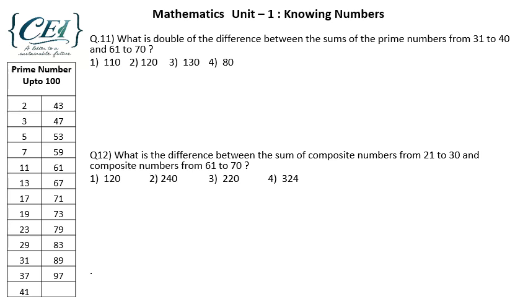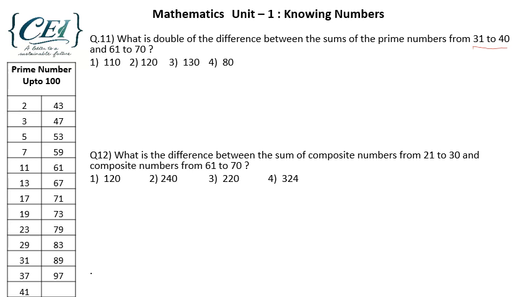What is the double of the difference between the sum of the prime numbers from 31 to 40 and from 61 to 70? Here I am again and again telling you, memorize the prime numbers.